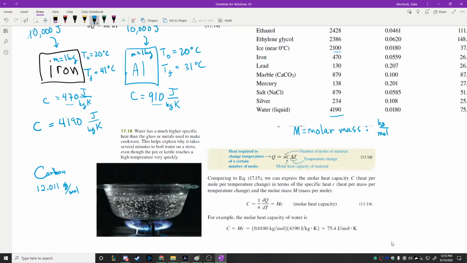If you take molar mass and you multiply by the number of moles, so if n is the number of moles, this gives you mass, right?